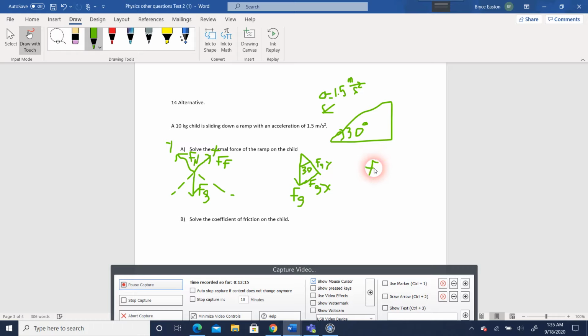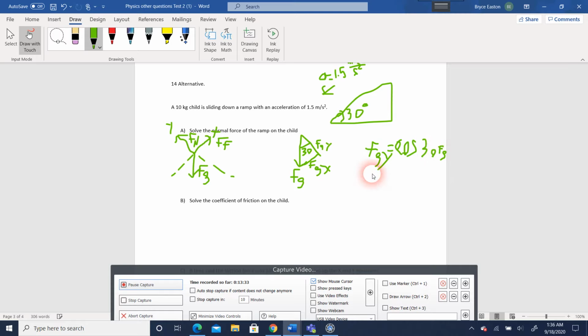So Fg of Y is going to be equal to cosine, because it's adjacent, 30 times Fg, and then Fg of X is going to be equal to sine of 30 times Fg.